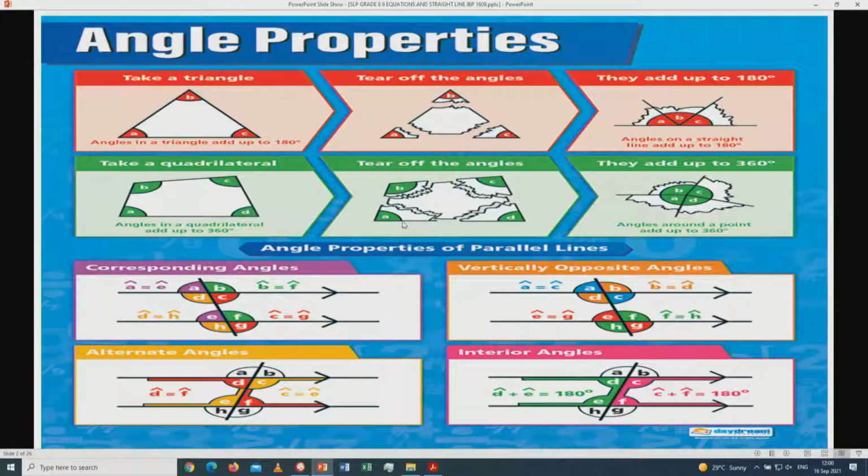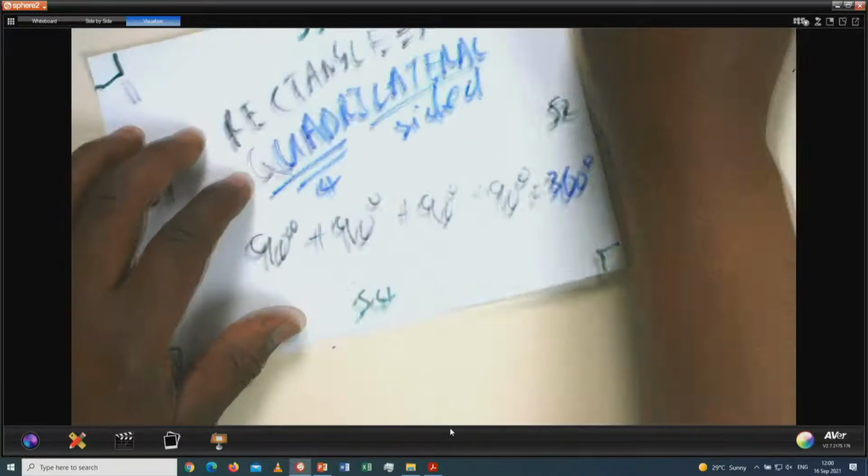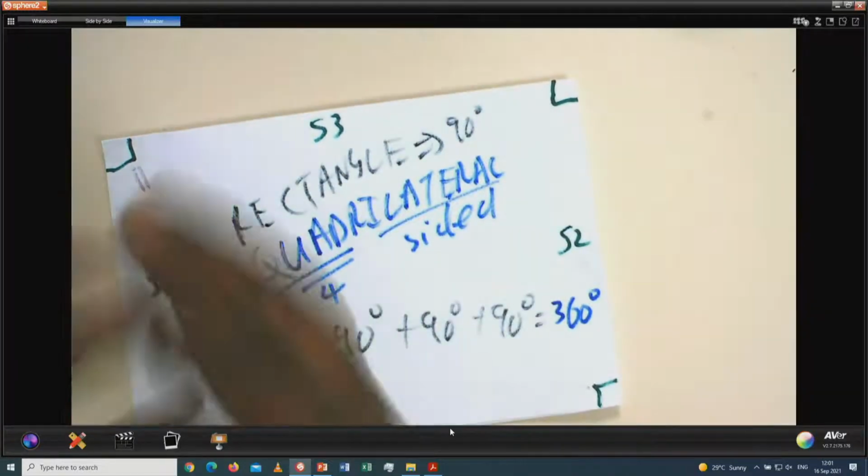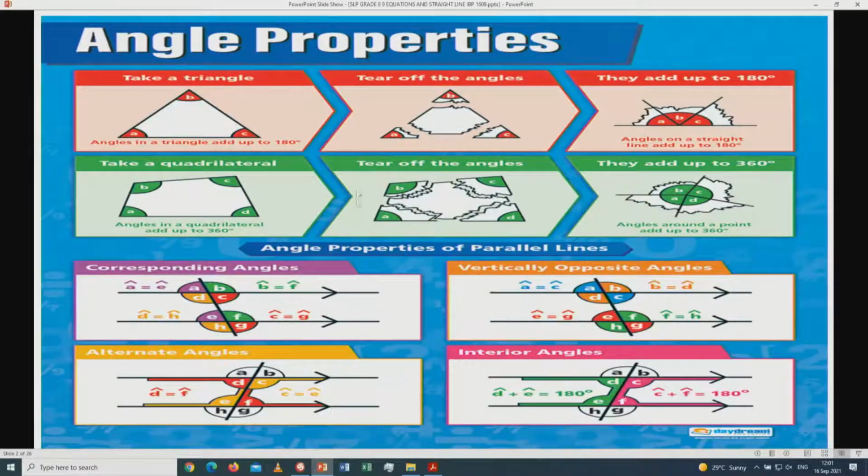But this one is not a rectangle. You know why? Because we are not given the sizes. If we were told they are 90 degrees, it would be the same thing. You can cut all those angles and put them around a point, and they will give you 360.